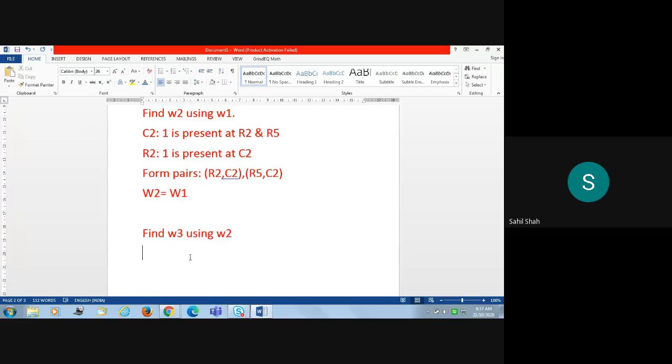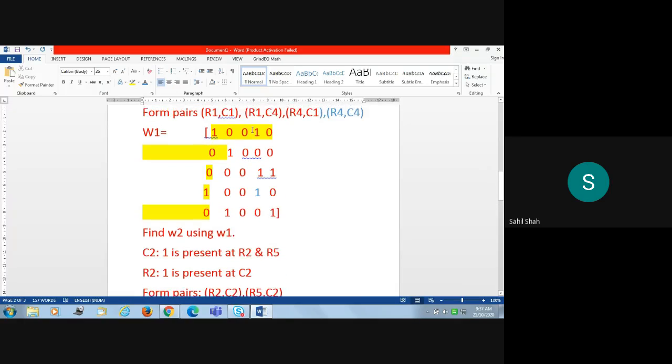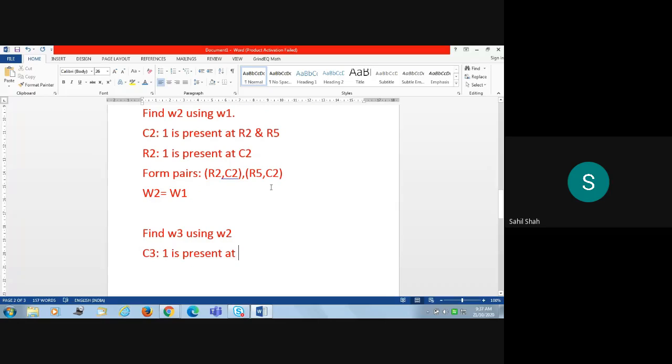Vaibhav is saying C3, R3. Yeah. For C3, 1 is present at, let me check. I am observing this as C3, 1 is nowhere present. And for row 3, 1 is present at C4 and C5. There is no need of writing for row 3.